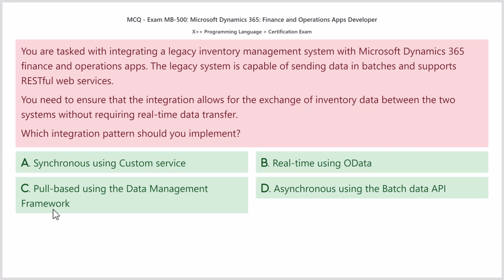Now let me give one real-world tip for this particular scenario. When integrating inventory or master data from an older system, always try to leverage the DMF with the batch data API if the source system does not support OData, if the volume is very high, if timing is flexible and not real time, and if reliability and logging are important.